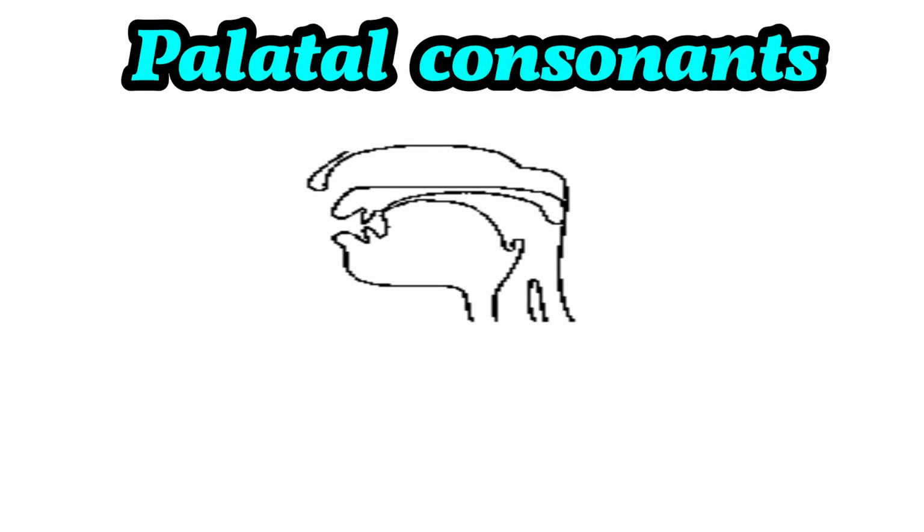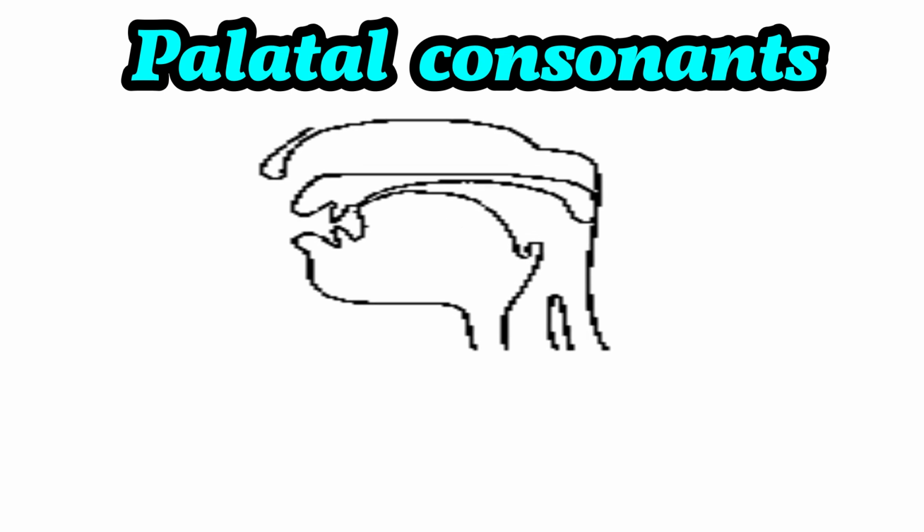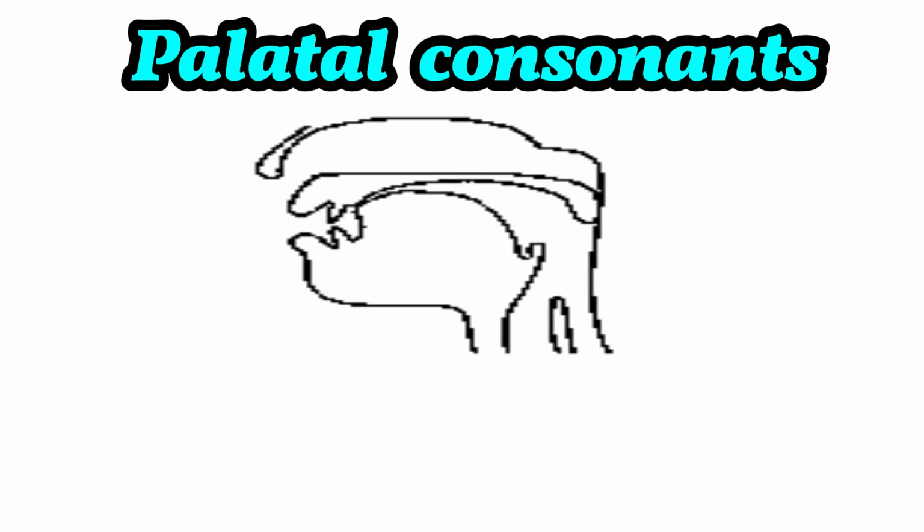Palatal consonants. These ones are produced when the blade of the tongue touches the hard palate, the ceiling of the mouth. As in this sound, yeah, repeat it, as in yes. Palatals can vary a little bit.